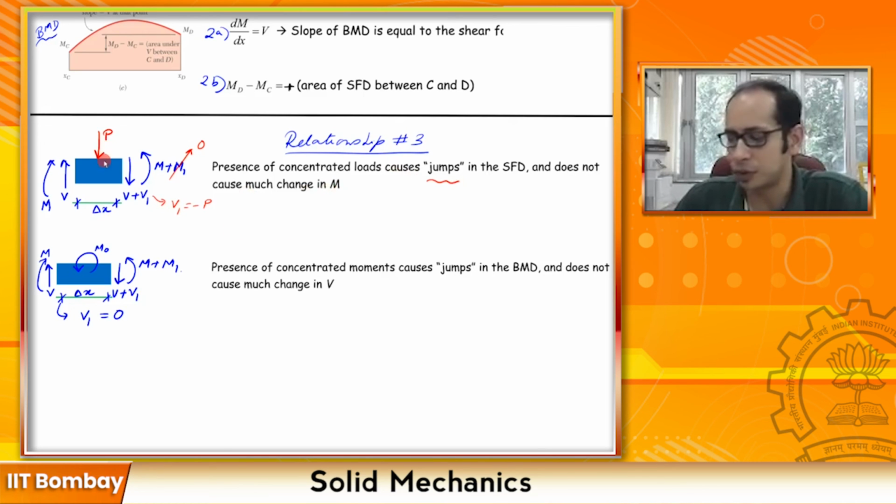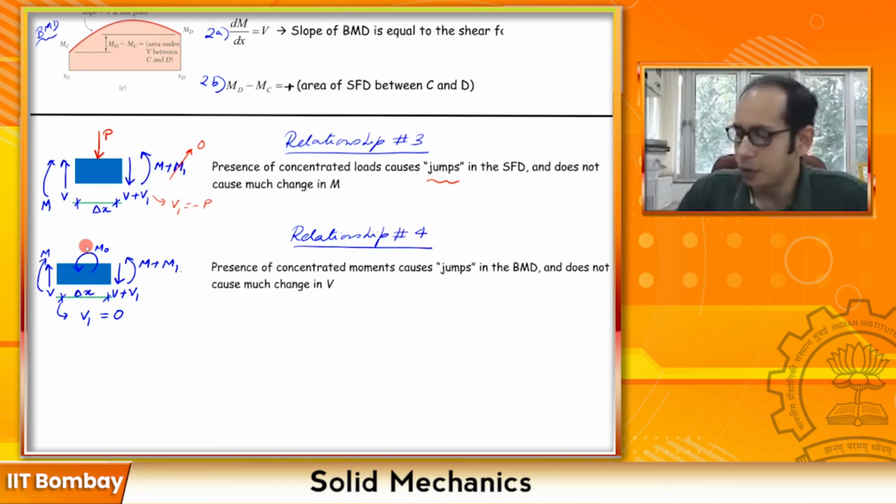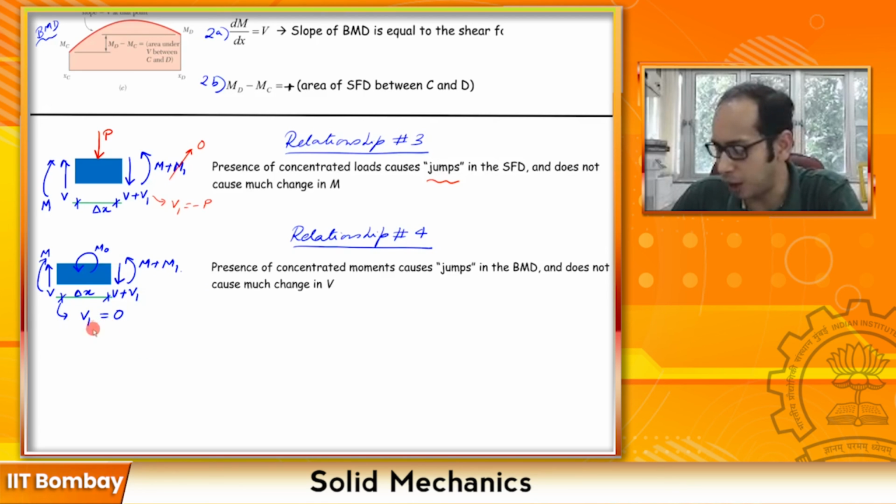Similarly, this was a concentrated load, and if you have a concentrated moment over here, that leads us to our last relationship, that is relationship number 4, which says that if you have a concentrated moment, that gives your V1 as equal to 0.